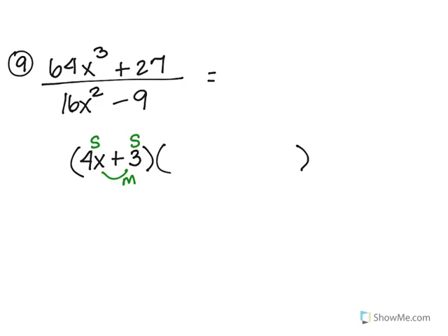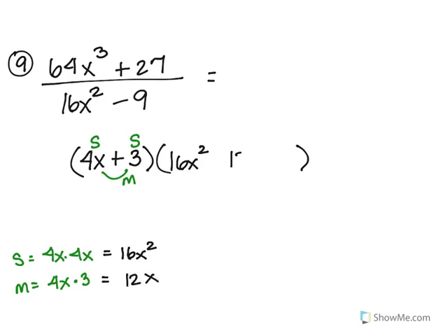When you square, that just means I'm going to say 4x times 4x. That's going to give me 16x squared. So that's your first term. Multiply means I'm going to multiply 4x times 3. That's just going to give me 12x. So that's your middle term.